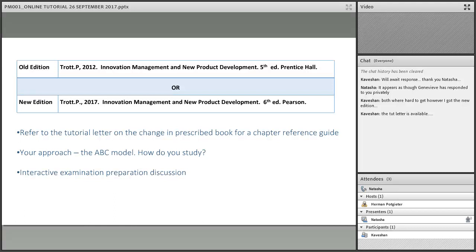Now, the purpose of this presentation is interactive in nature. That does not mean that I expect you at this particular point in time to know exactly how to answer these questions. It is mainly to get a feel from you how you prepare and what you are going to write in an exam should you be faced with this particular question that we are doing tonight.